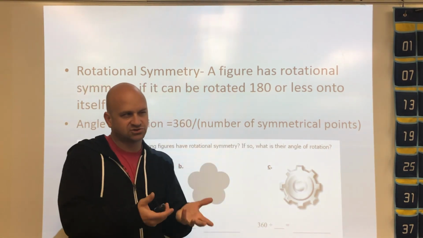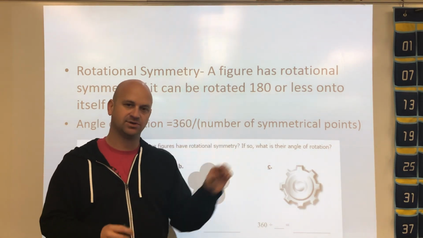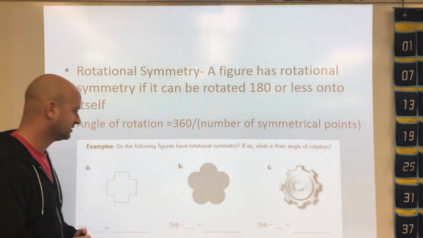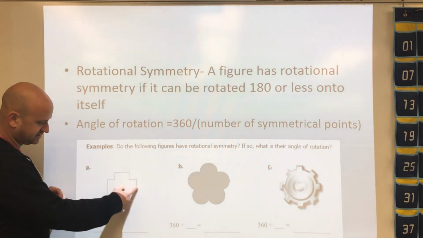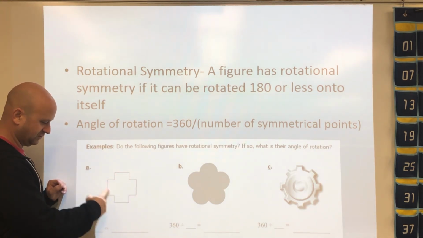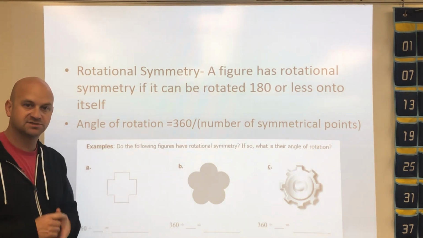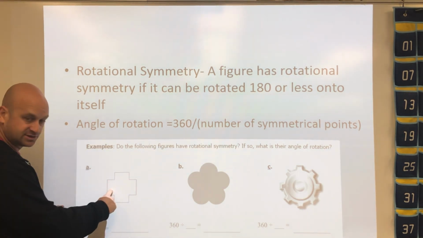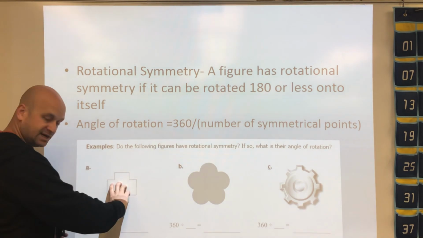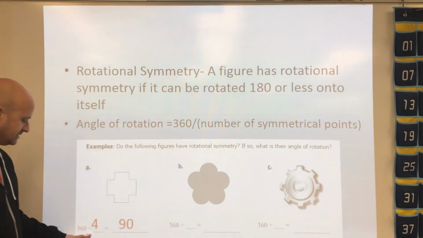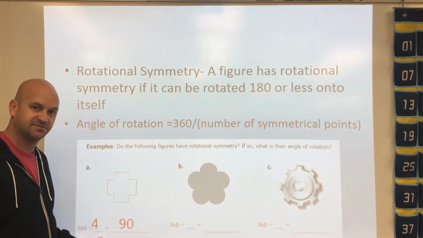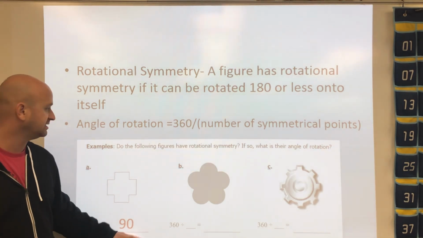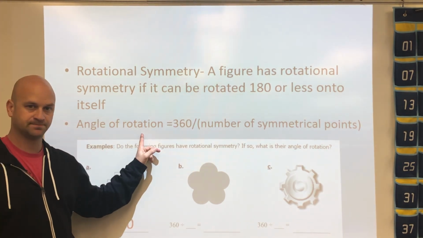The technique we use is just to count the number of points that it could actually turn onto. For example, this here, we'd have 1, 2, 3, 4: 4 symmetrical points. If we turn this a quarter turn, it would be itself. If we turned it again, it would be itself. So we do 360 divided by 4, which is a 90-degree angle of rotation.